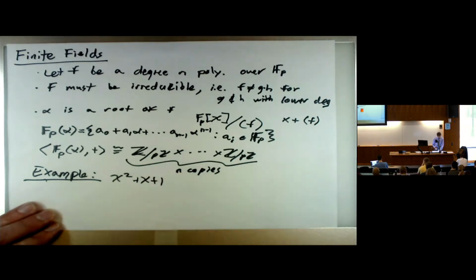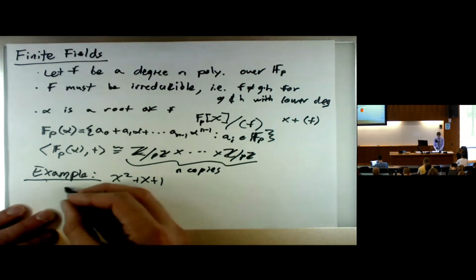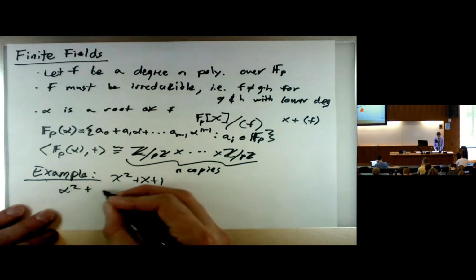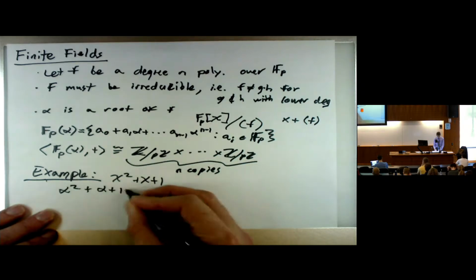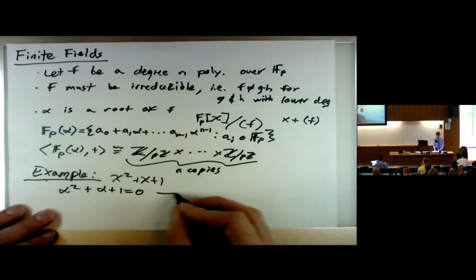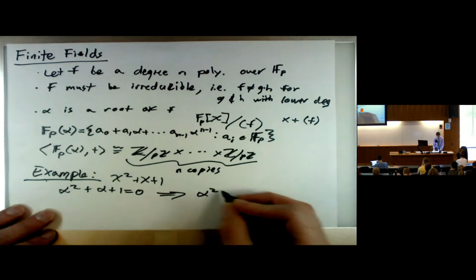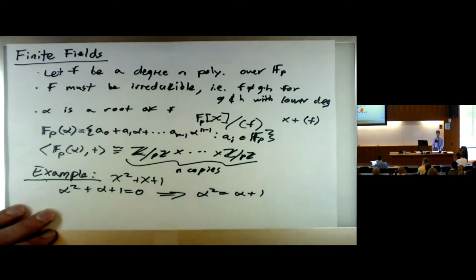And so that gives you your irreducible polynomial over F2. And so if you want to do your computations with this, you get this equation, which implies this equation because we're over F2 and minus signs don't matter.